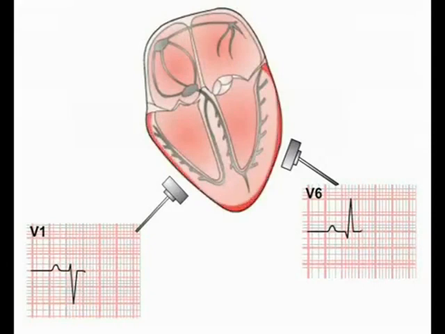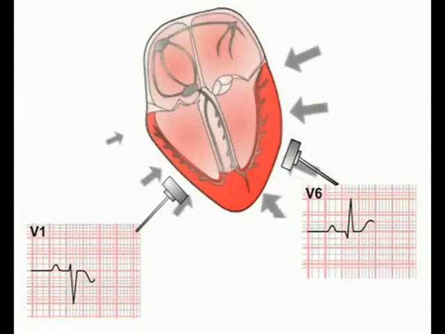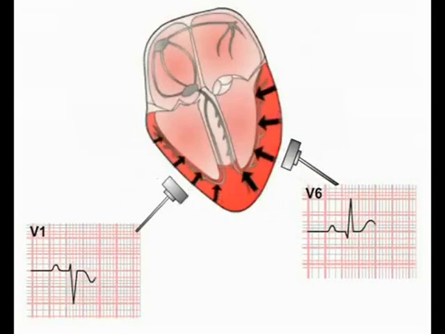Remember, repolarizing current has the opposite polarity to the depolarization wave, and therefore when it is moving towards a lead, it produces a negative deflection on the ECG paper and a positive deflection when moving away from a lead. We've already seen that repolarization spreads through the ventricles in the opposite direction to the depolarization wave, beginning in the epicardium and spreading from the epicardial to the endocardial surface of the ventricles.